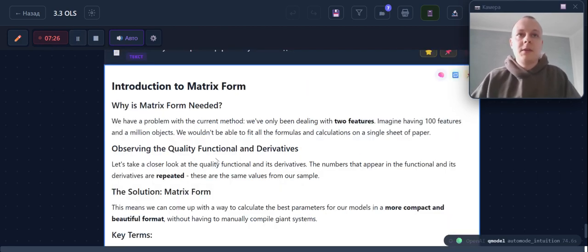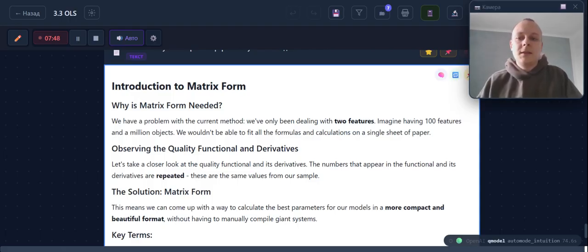It might be very tricky to calculate all these partial derivatives, solve the system of equations, and then apply Sylvester's criterion to find the best possible minimum point of our quality functional. It's too long and too complicated for calculation.